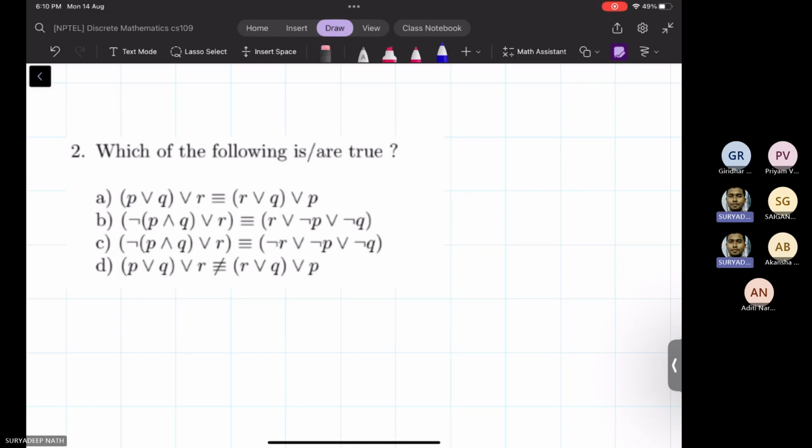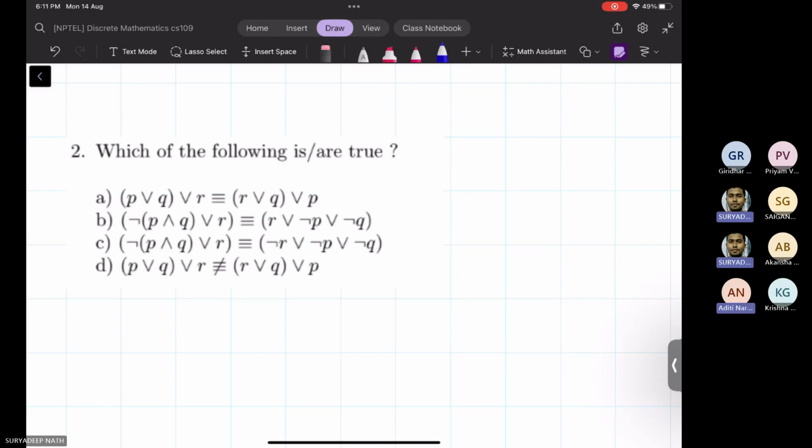Can anyone write in the chat box which they think are true? You can unmute yourself and say as well which of the four equivalence relations.